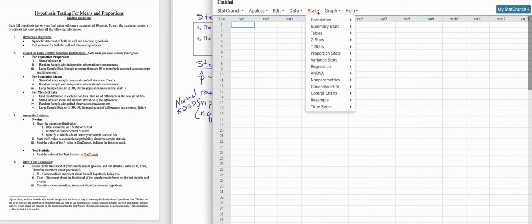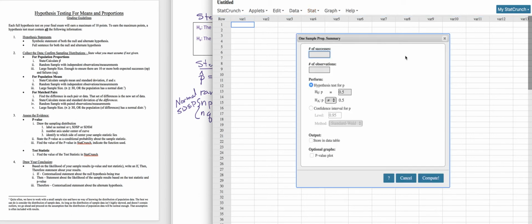Here we are in StatCrunch. We're picking stat, proportion stats, one sample with summary. Our number of successes was 210. Our number of observations was 800. Our hypothesis test was testing that P is equal to 0.304.